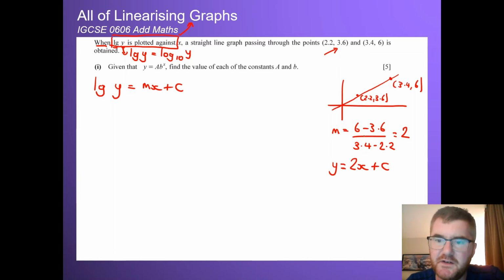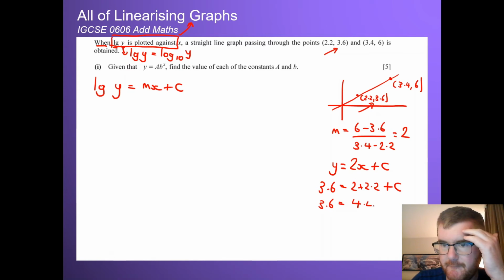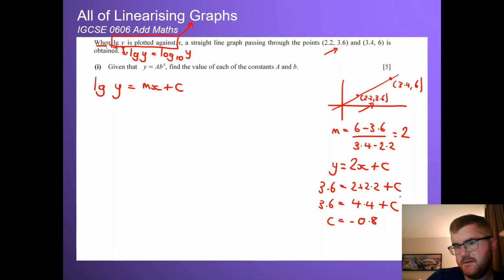We substitute in one of these points, so let's use this one. y is 3.6, so 3.6 equals 2 times 2.2 plus c, which is 4.4 plus c. That means c is equal to negative 0.8.